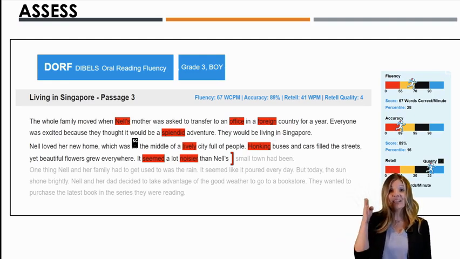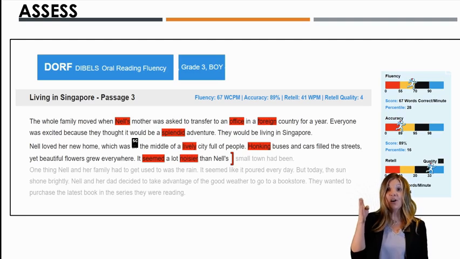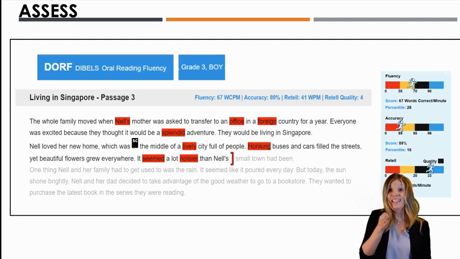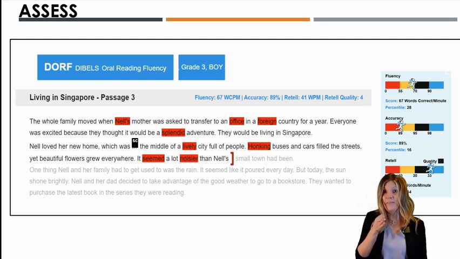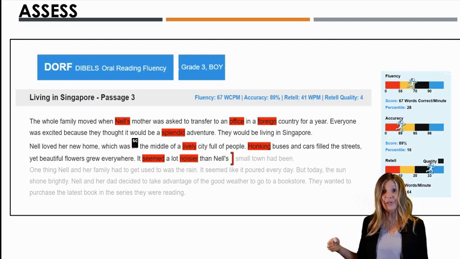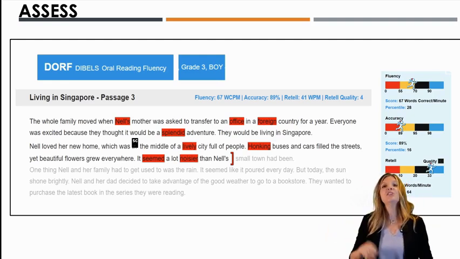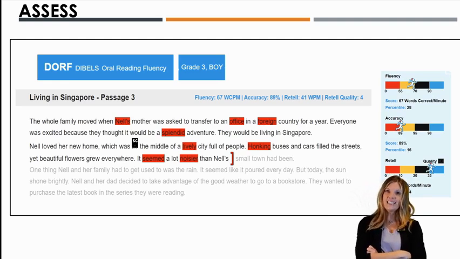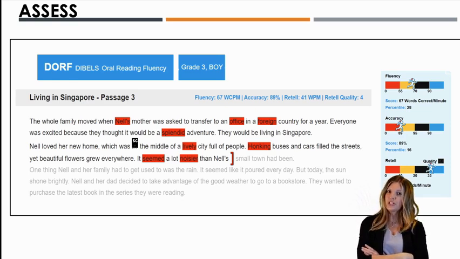You can see that the little runner is, for fluency, almost to benchmark. For accuracy, from red to yellow, so well below benchmark, approaching. And then comprehension is actually really good. So my question to you is, looking at this assessment, what would you do? Where would you start your instruction?